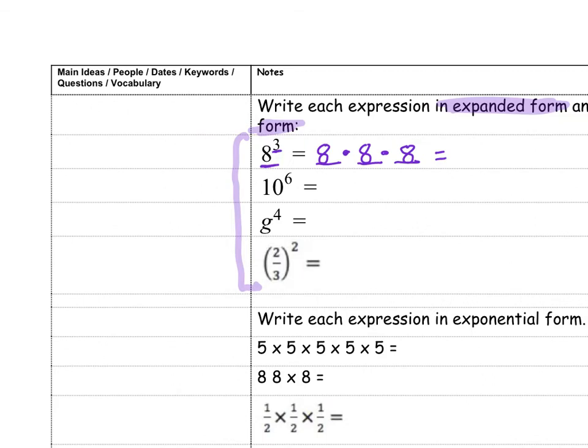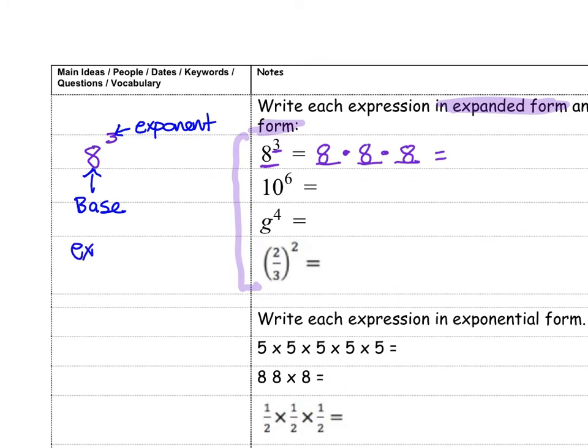So over off to the side, I want you to write 8 to the third, and we are going to just define. So this is the exponent, this is the base. So the big number is the base, the small number is the exponent.